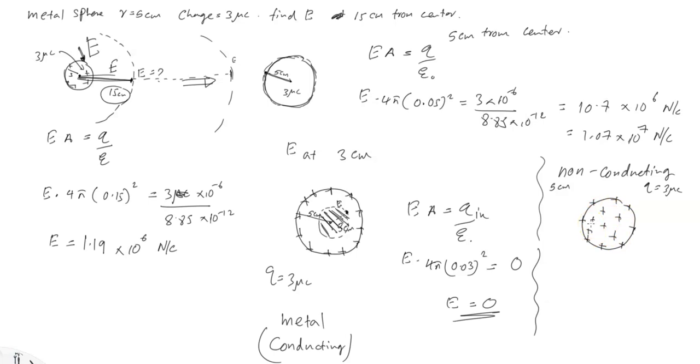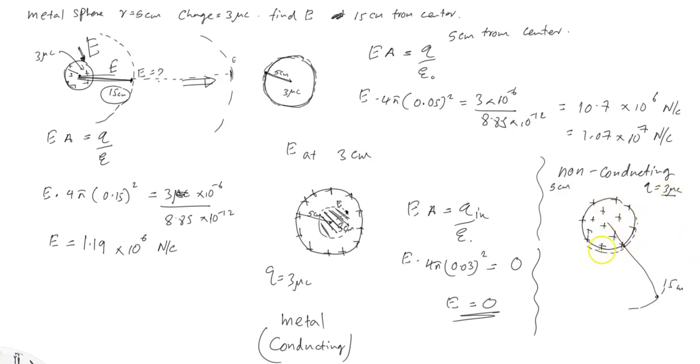So if I ask for the electric field at 15 centimeters, that's an outside point. You draw the Gauss surface, and the charge inside is still 3 microcoulombs. If I say find the electric field on the surface, you draw the Gauss surface along the surface, and the charge inside is 3 microcoulombs.